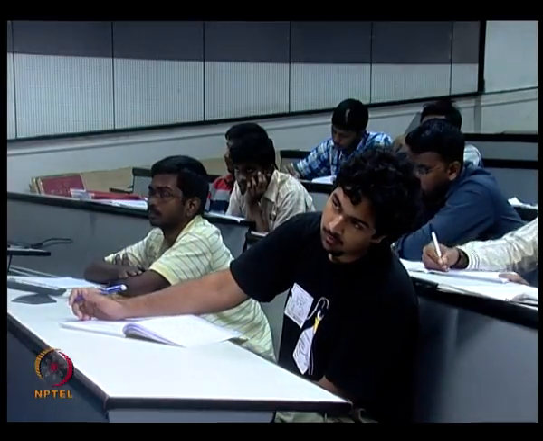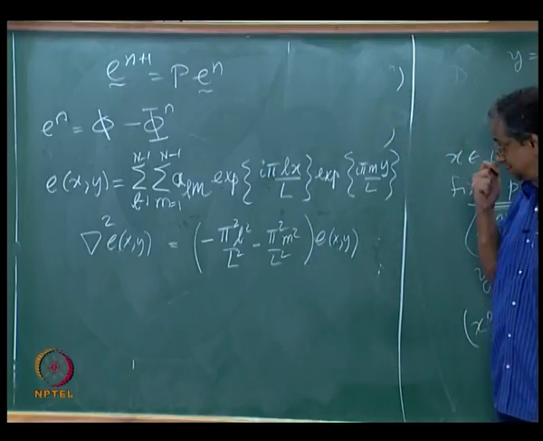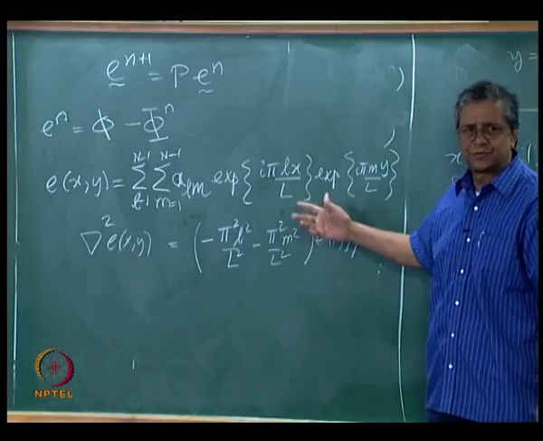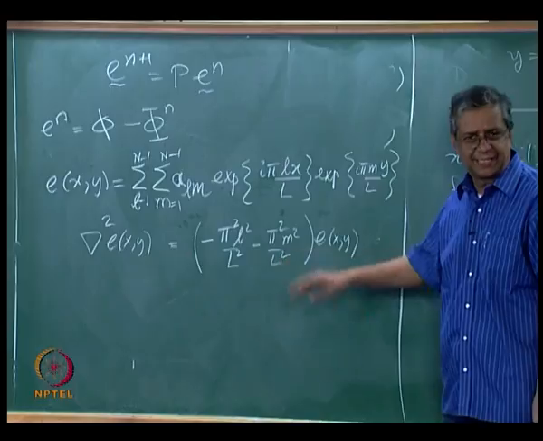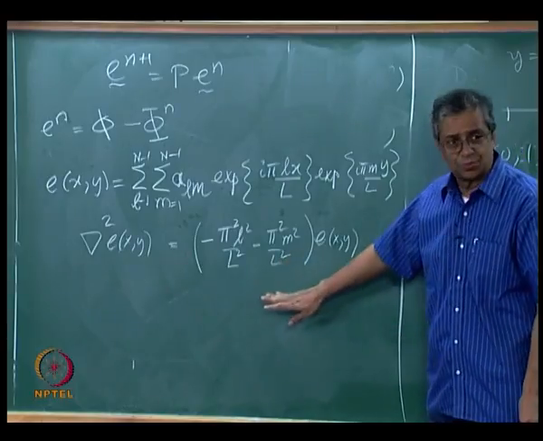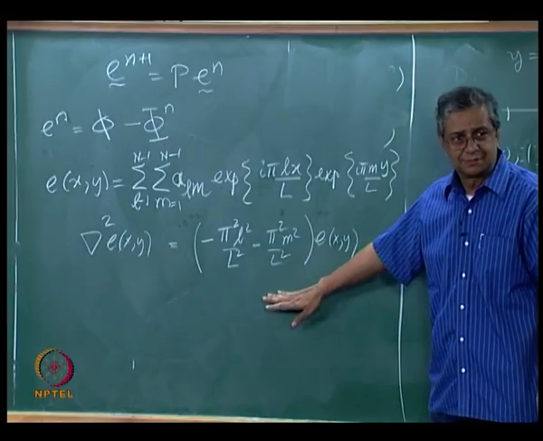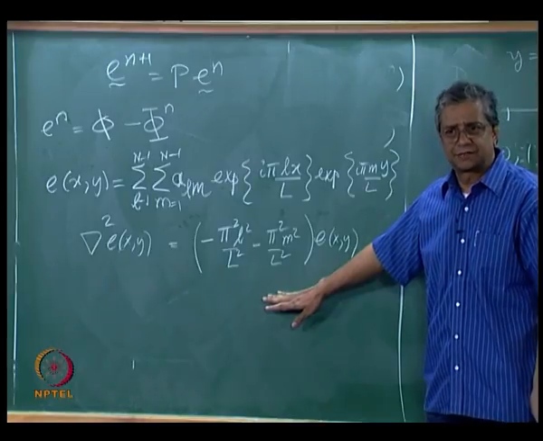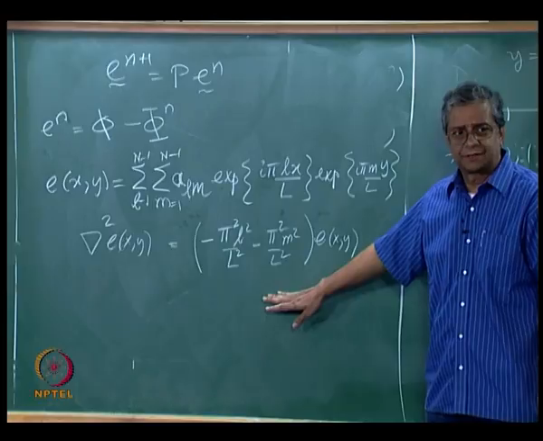Is that right? You can just check to make sure that I have not made a mistake. If I take any one of these for m equals 1 or 2 or 3, and this is what I am going to get, is that fine? Just substitute it and try it.